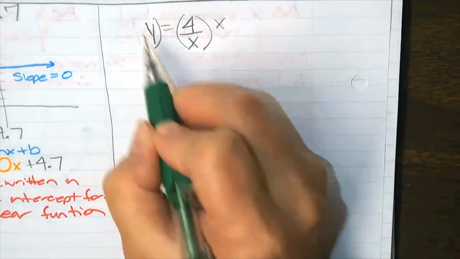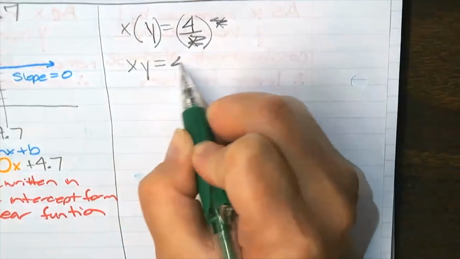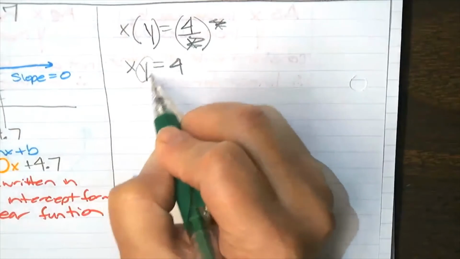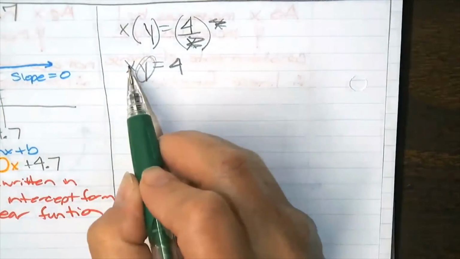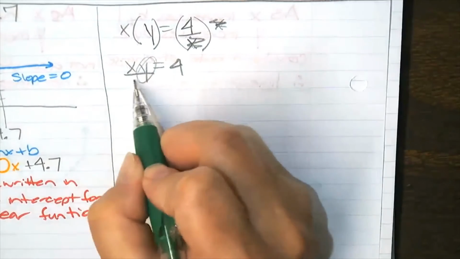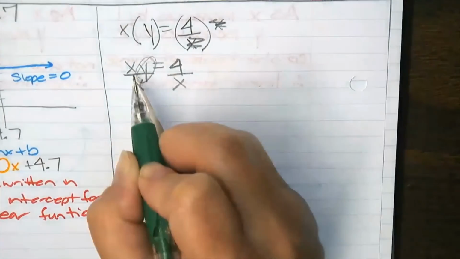What I do to one side, I must do to the other. So xy equals, these cancel, 4. Okay, but I need it in y equals mx plus b format. I need my y isolated. So I need to get rid of this times x. So I'm going to divide by x. What I do to one side, I must do to the other.